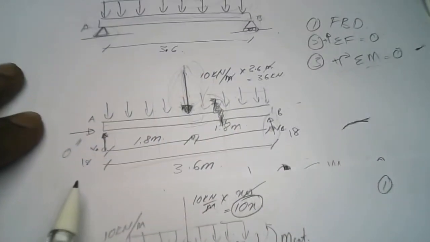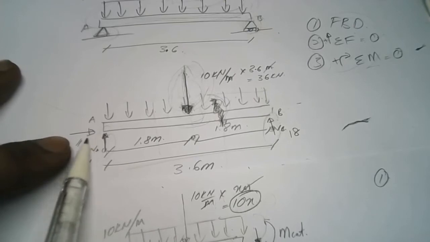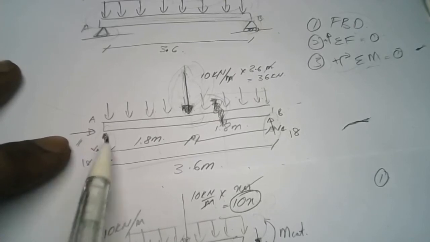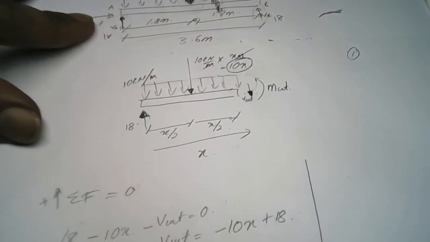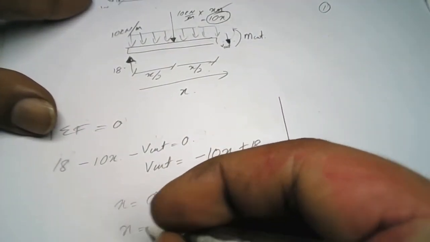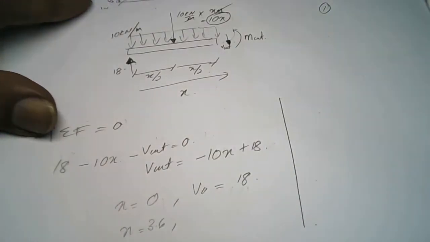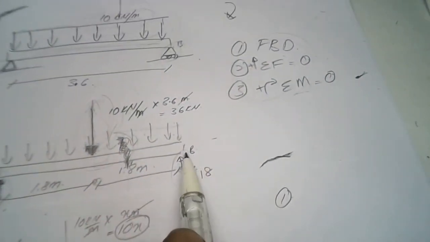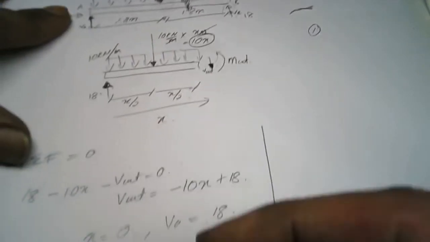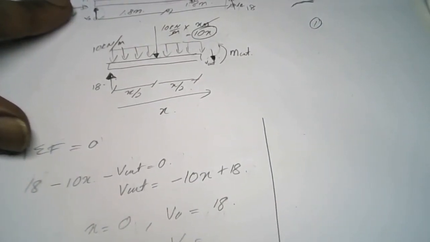Okay, that means here, if the x value is 0, the shear force is 18. And if we have x equal to 3.6 at this point, the shear force value will become 0.